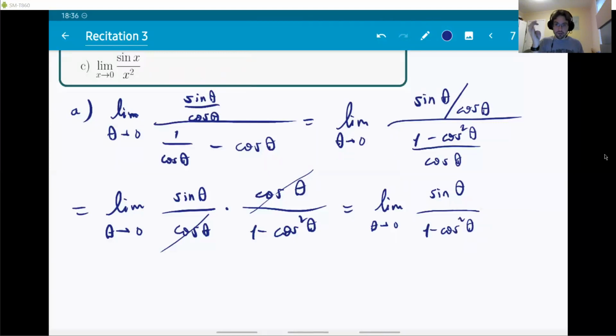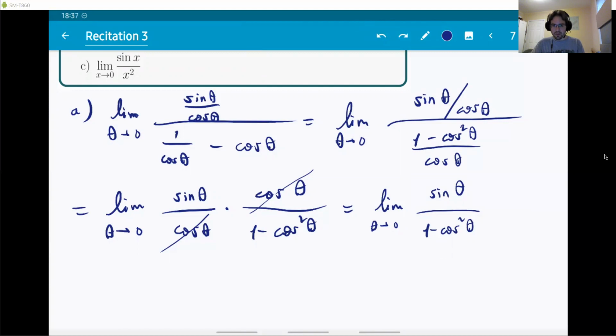So there was a simplification already. We canceled cosines. Maybe now if we plug in, it will be possible to find a value. We should check that first. But actually, no. Theta equals 0 will give you a cosine value of 1 here, and then 1 minus 1 is 0. So you still need to do something here.